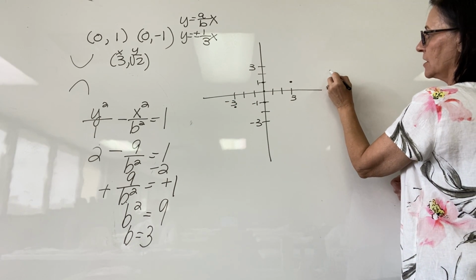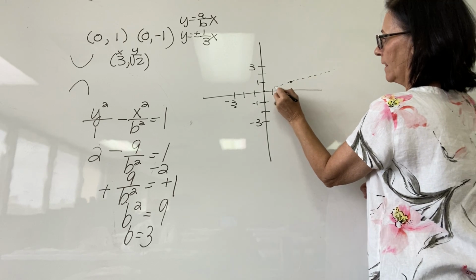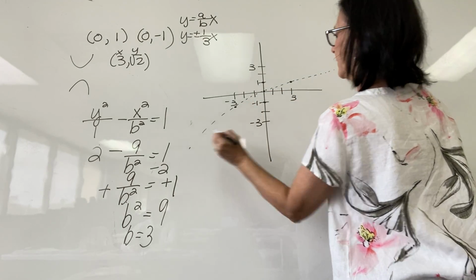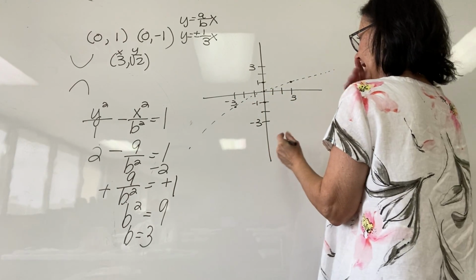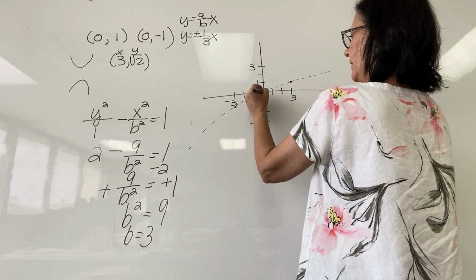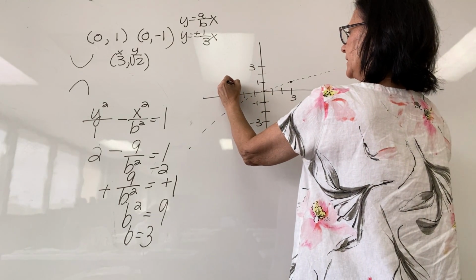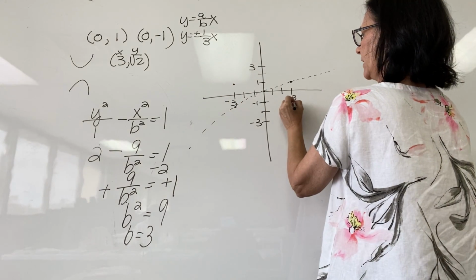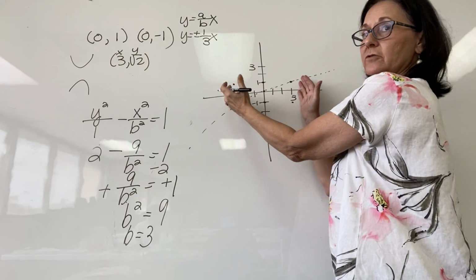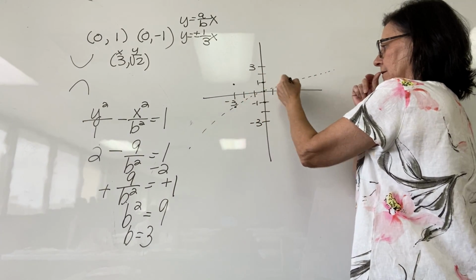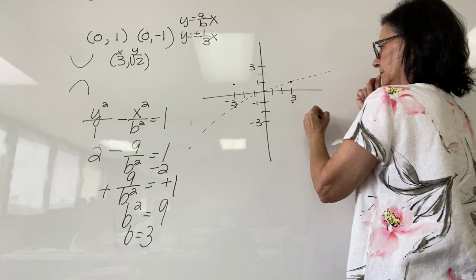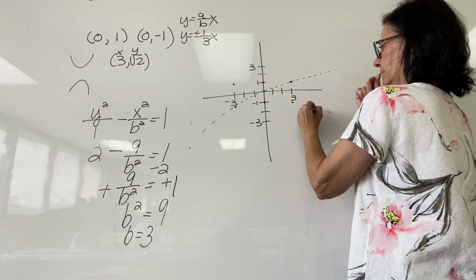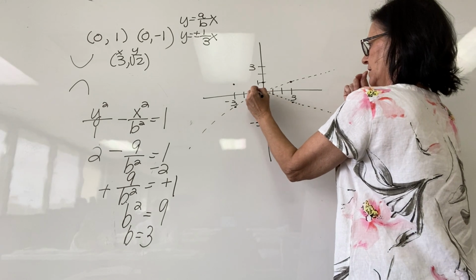Here's one asymptote. It's going to be a real wide hyperbola. And then we'll go up 1 over 3. It makes like a rectangle. Like if I were to draw all of these together, you see the little rectangle kind of.